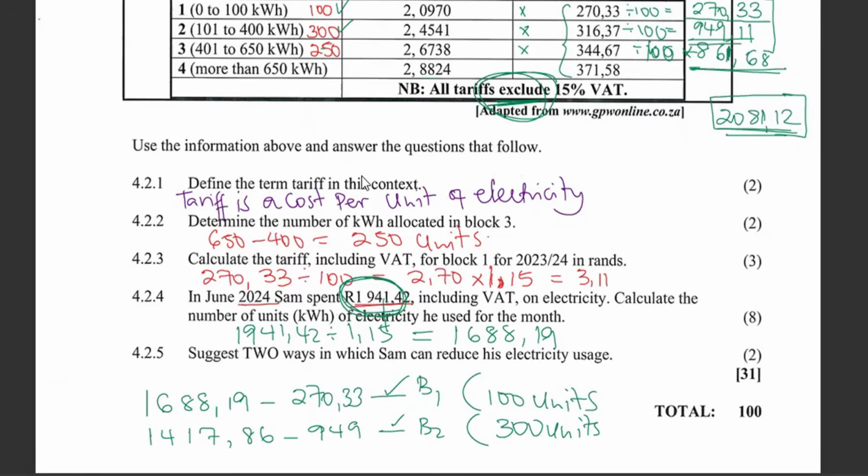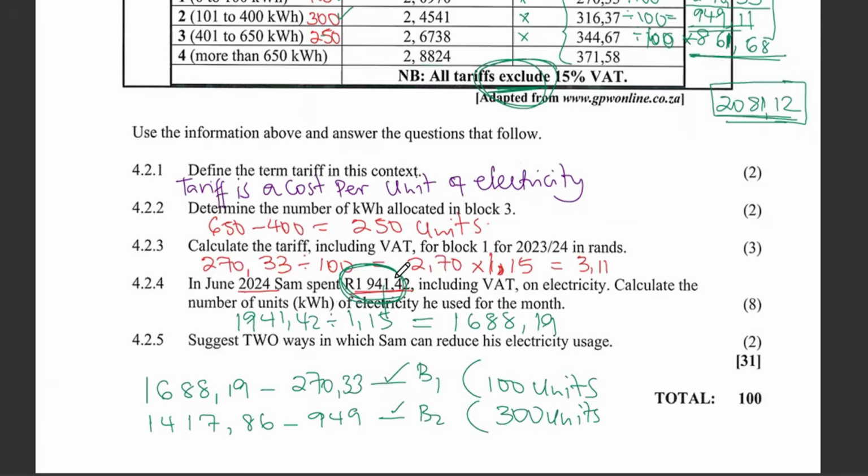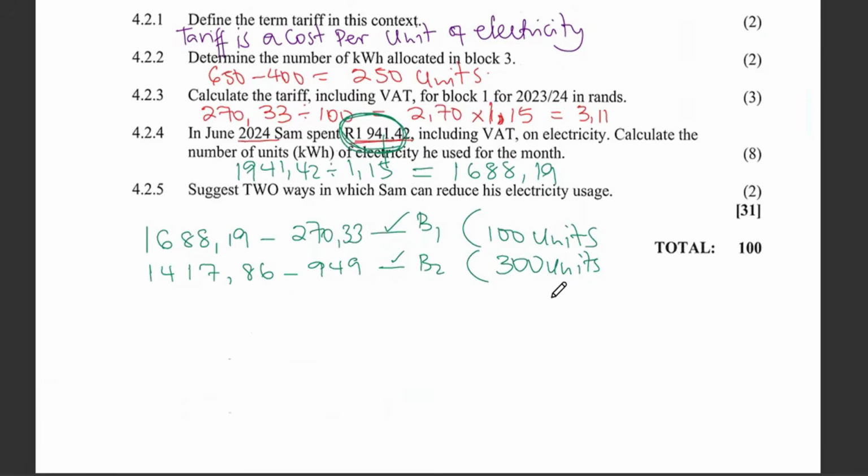We are not yet there. But we can see that the units used are over 400. Now, when you subtract this, you remain with 468 rand 75. Now, this has been pushed to block number 3.